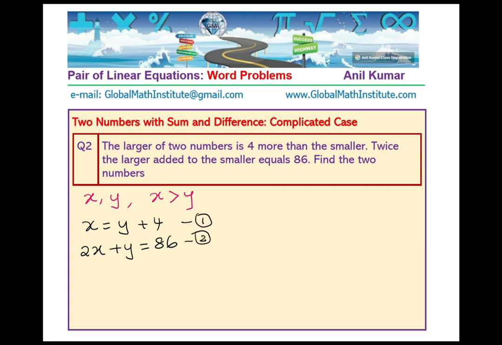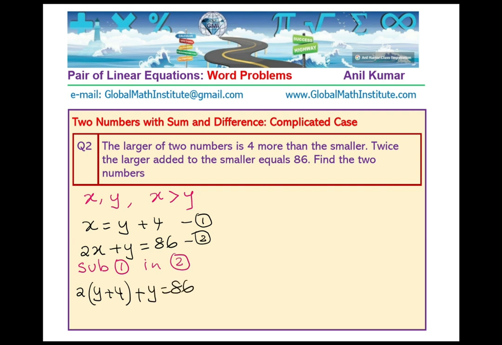Find the two numbers. Now, you know x equals y plus 4. So let us use substitution this time, right? So substitute 1 in equation 2. Which means the value of x is y plus 4.